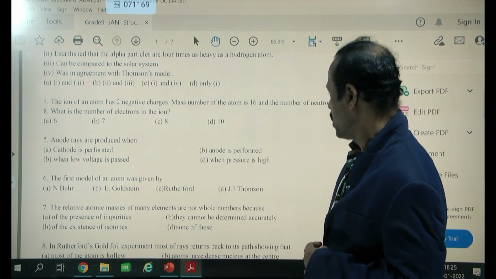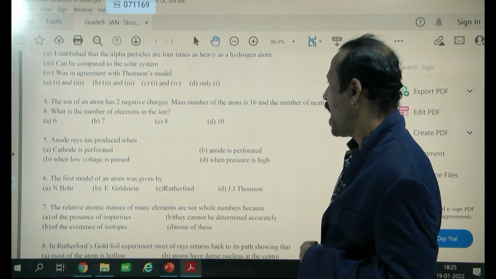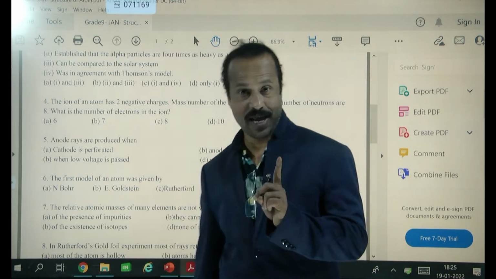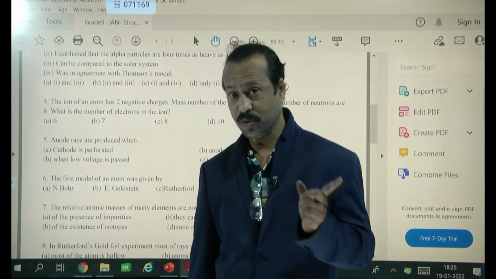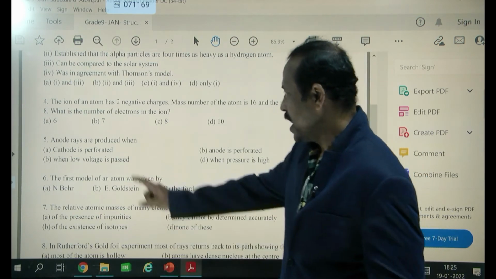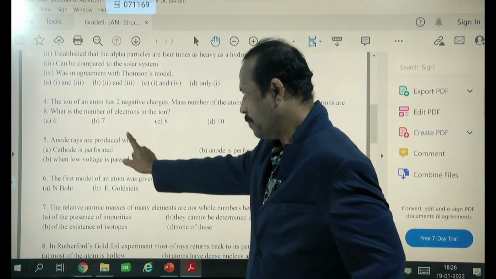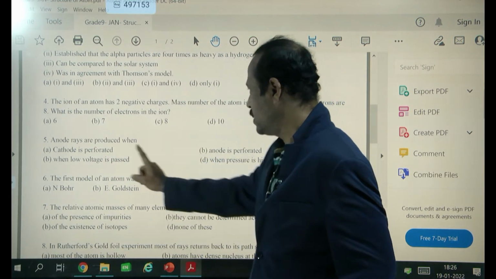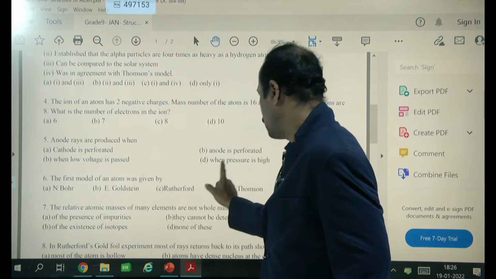Right. Now, come to the fifth question. Anode rays are produced. So two rays are there, cathode rays and anode rays. But here it is asking about the anode rays. Anode rays are produced when cathode is perforated, anode is perforated, when low voltage is passed, when pressure is high.